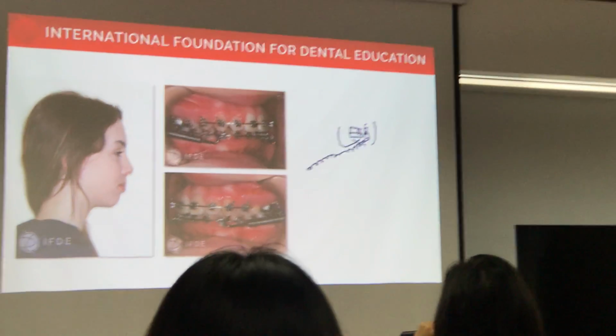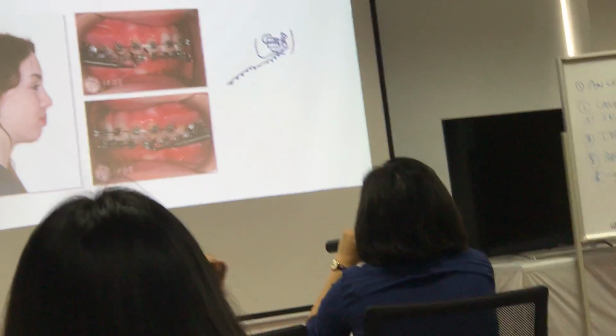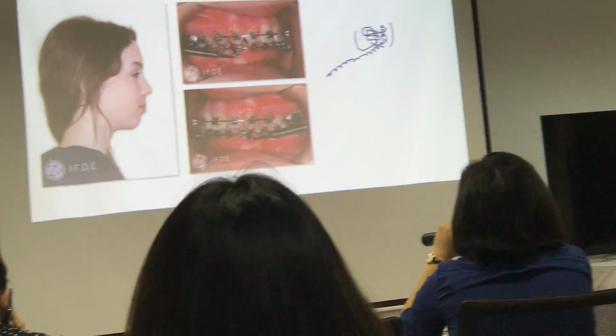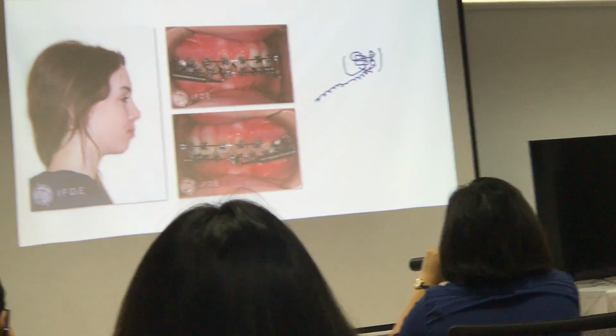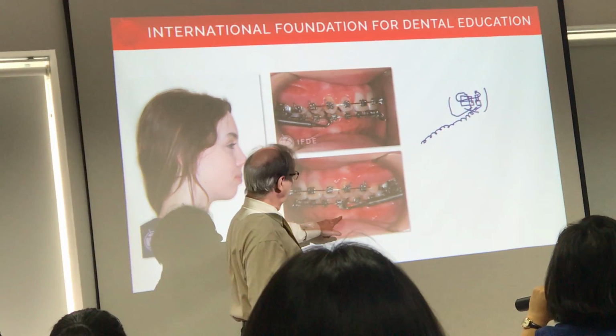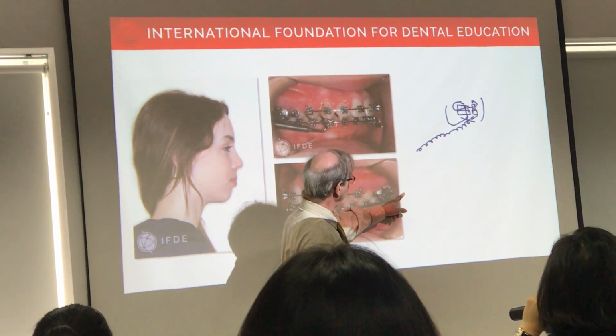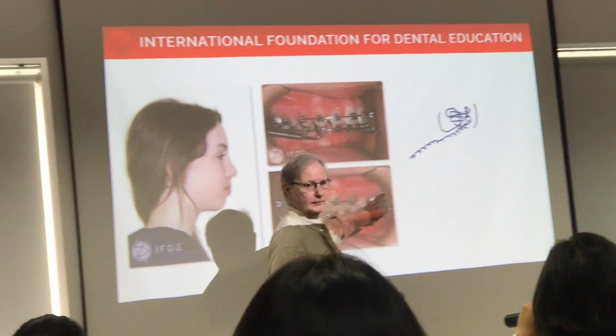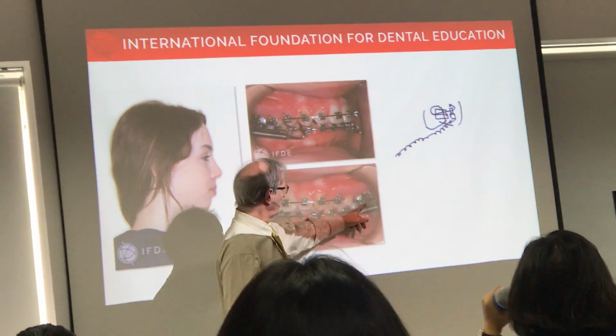It's not complicated. It's just a matter of putting it where you want. You want more vertical, you come from here. You want more horizontal, you can even push it as much as you can. Not a problem.